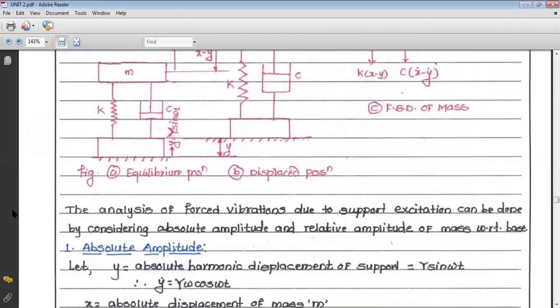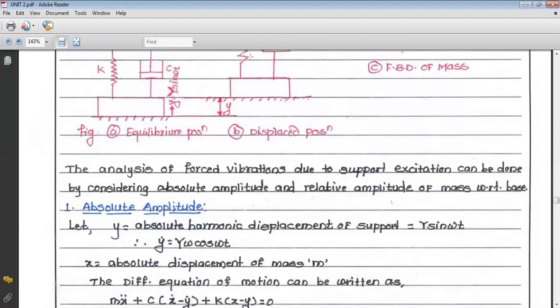From the figure, the analysis of forced vibration due to support or base excitation can be done by using two amplitudes. One is called the absolute amplitude and the other is called the relative amplitude of mass with respect to the base. So there are two types of amplitude.